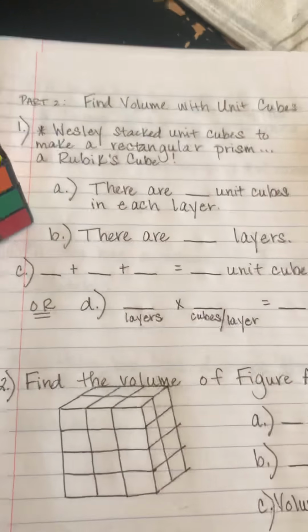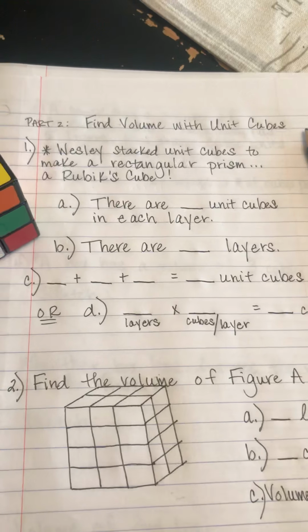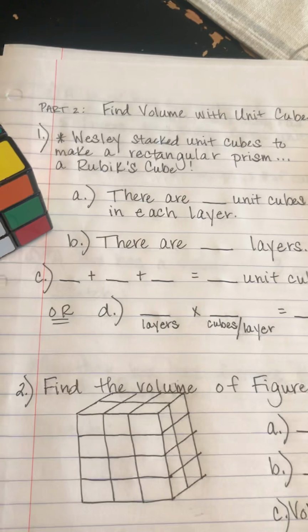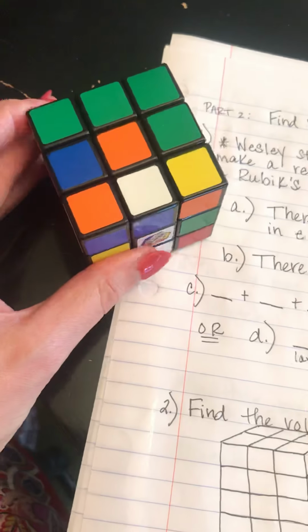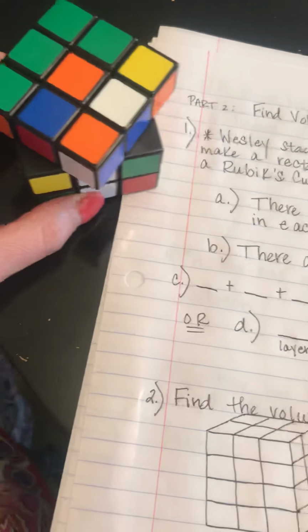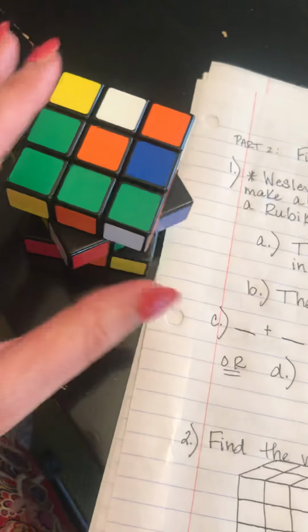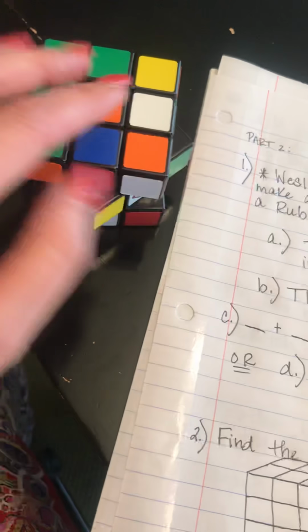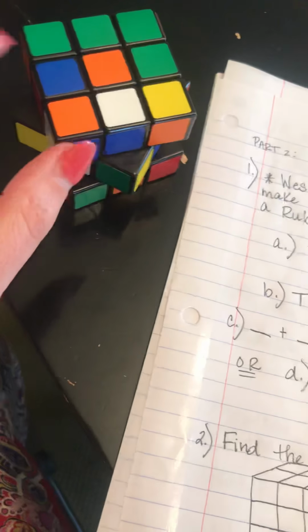So first, we are going to figure out how many unit cubes are in each layer. A Rubik's Cube is made of layers, okay? So let's look at this top layer. We want to figure out how many little cubes are in this layer.